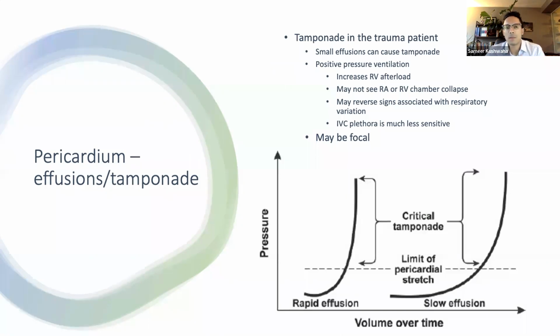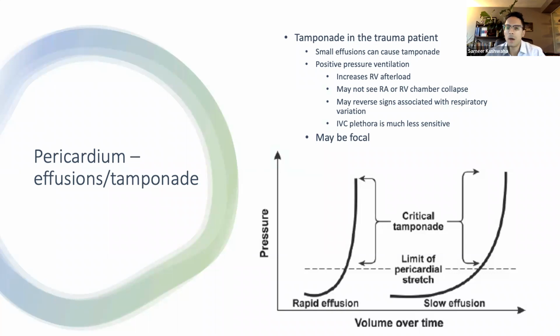Tamponade in trauma patients can be a little bit different in its presentation from other causes of tamponade that we often encounter. So tamponade can be caused by a relatively small effusion because the rapid increase in pericardial fluid, such as from trauma or periprocedural issues or perioperative issues, quickly exceeds the amount of pericardial reserve, causing a very steep increase in intrapericardial pressure.